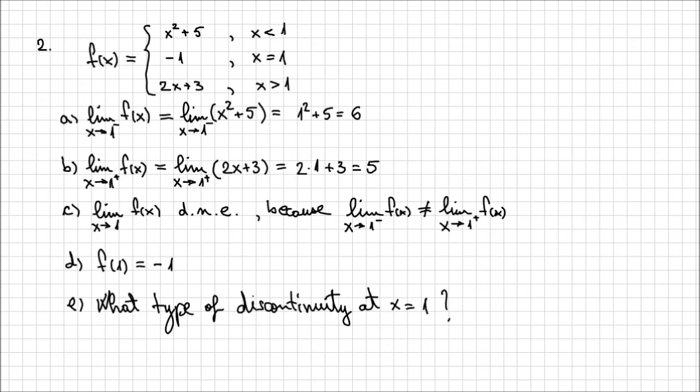And as we noticed earlier, the left hand limit and the right hand limit exist, they are distinct values, so there is a gap between them, obviously, between 5 and 6. Plus, we see that the function at that point 1 actually gets a value of minus 1, so we right away can conclude that the discontinuity for this function when x is 1 is going to be a jump discontinuity.